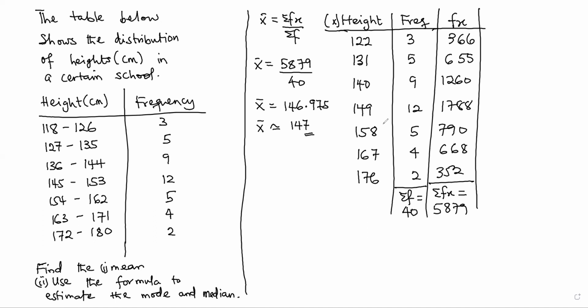To use the formula to estimate the mode, the formula is this. Mode is equal to L1 plus change in 1 over change in 1 plus change in 2, times C, where our L1 is the lower class boundary of the modal class.